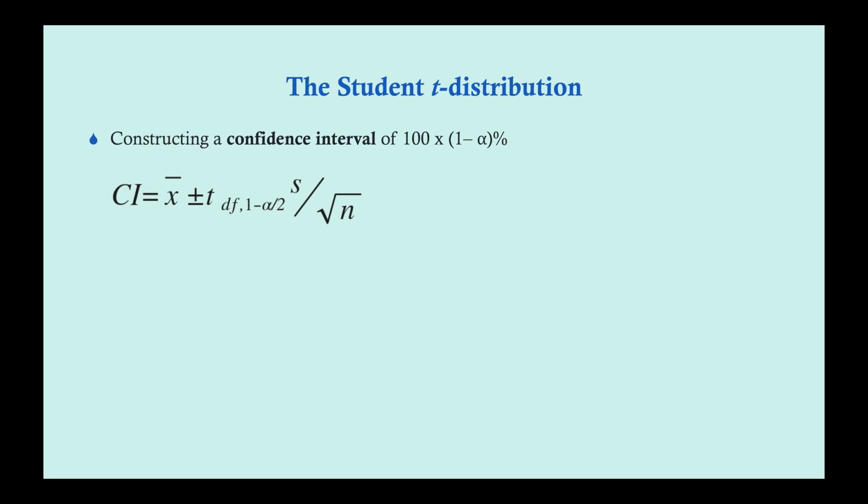Now, remember, we can do confidence intervals with the normal distribution. We can also do confidence intervals with the t-distribution. It's really the same sort of formula. So the confidence interval for the student t is the sample mean plus or minus the t value for the sample times s over the square root of n.